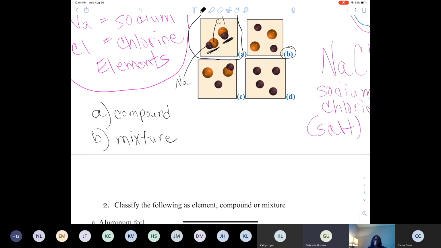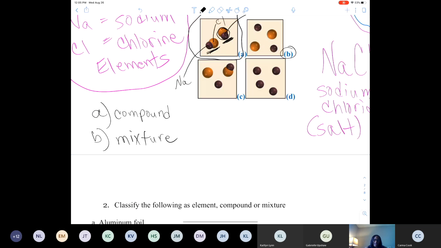Well, because they can be separated. They're not mixed together. They can be separated. And there are 2 different types of elements, right? And like you said, they are separated from each other. They're not chemically bonded together like these 2 guys are, right?